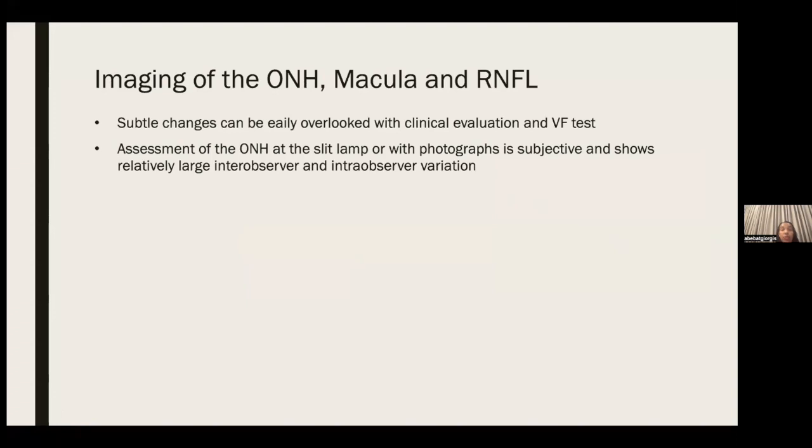Then coming to imaging of the optic nerve head, macula, and retinal nerve fiber layer. Subtle changes can be easily overlooked with the clinical evaluation and visual field tests, and assessment of the optic nerve head at the slit lamp or with photograph is subjective and shows relatively large inter-observer as well as intra-observer variation.